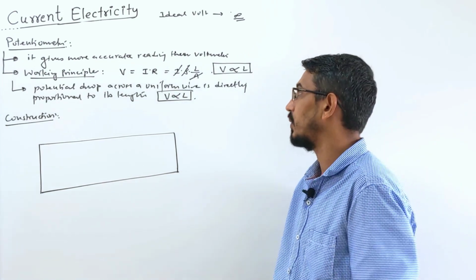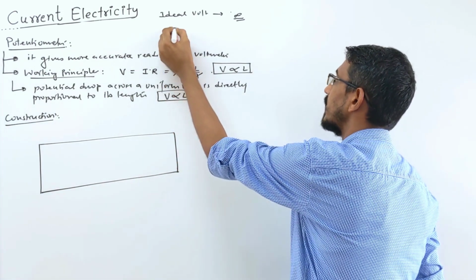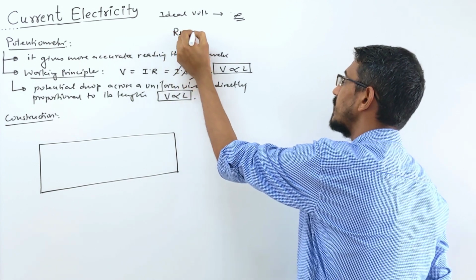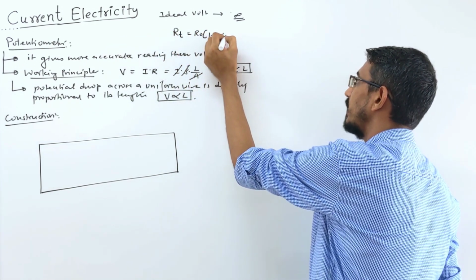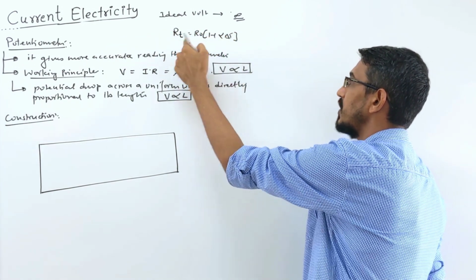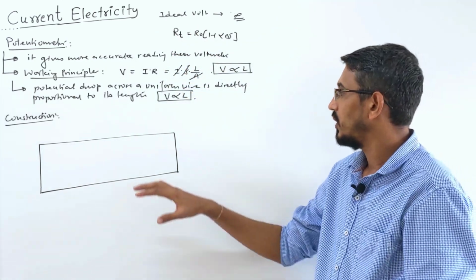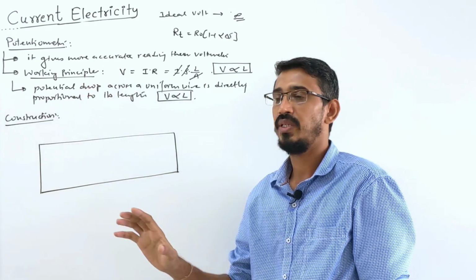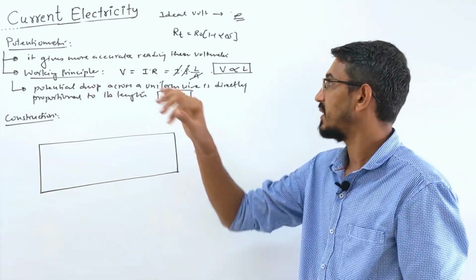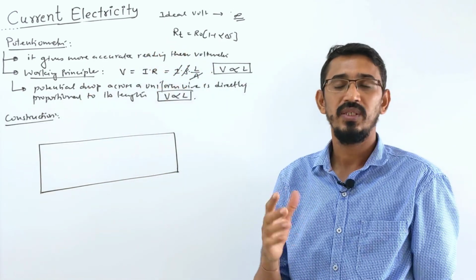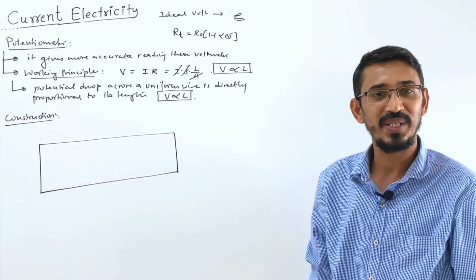Remember I told you the formula for resistance when you heat a metal: R equals R naught into 1 plus alpha delta T. When temperature increases, resistance also increases for metals and good conductors. But the wire we use in a potentiometer is such that its resistance does not change with temperature.